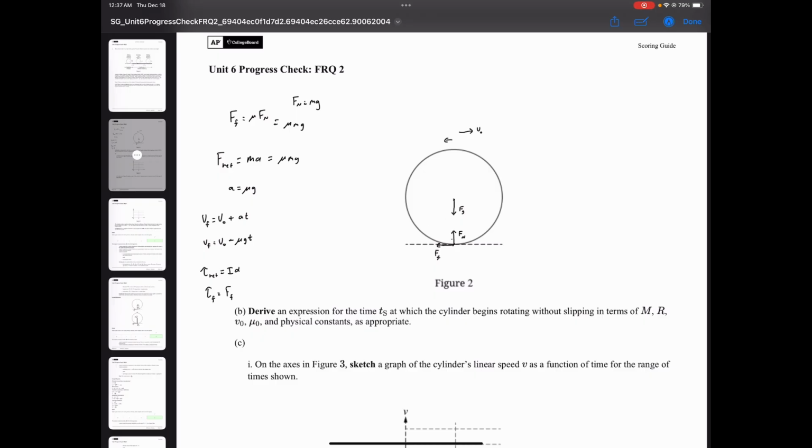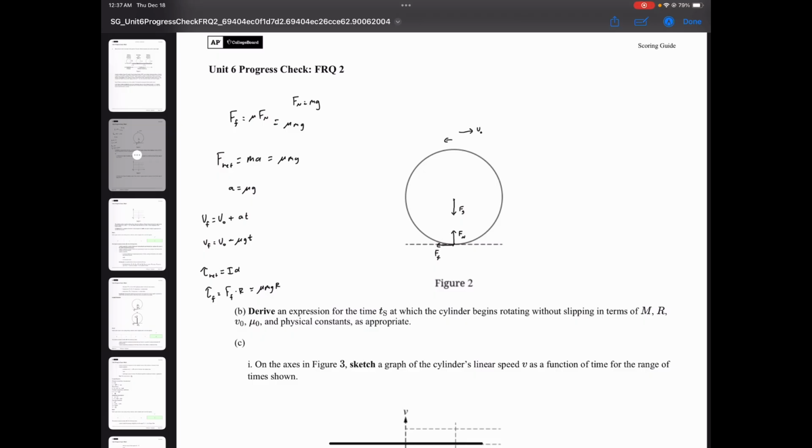So with respect to the radius of the cylinder, the force of friction is acting at a right angle. So it's just R times F, okay? And here, I know the force of friction equals mu mg, so I can write this as mu mg times r.